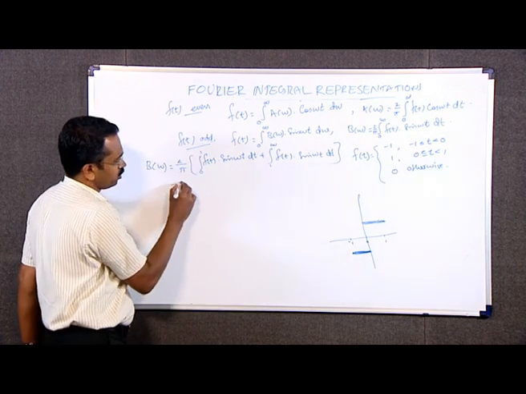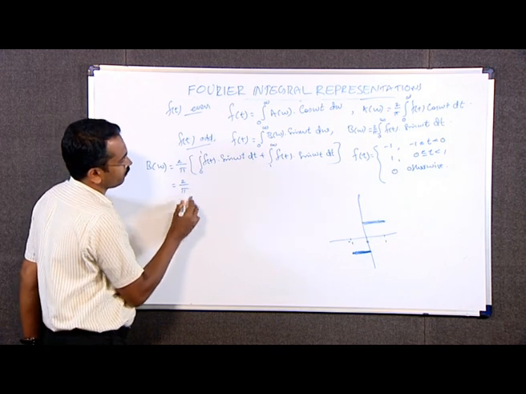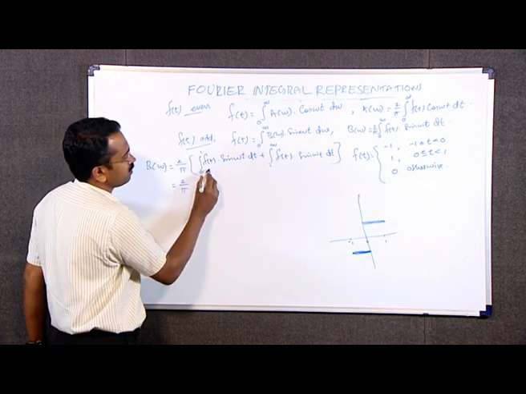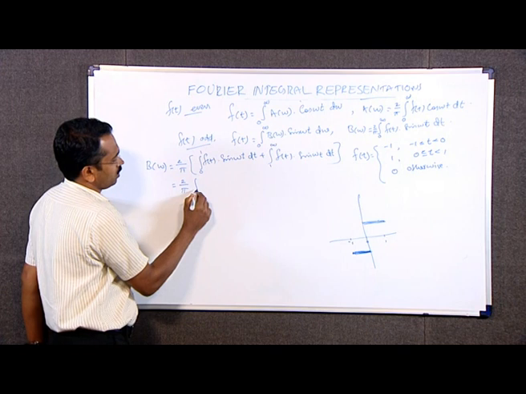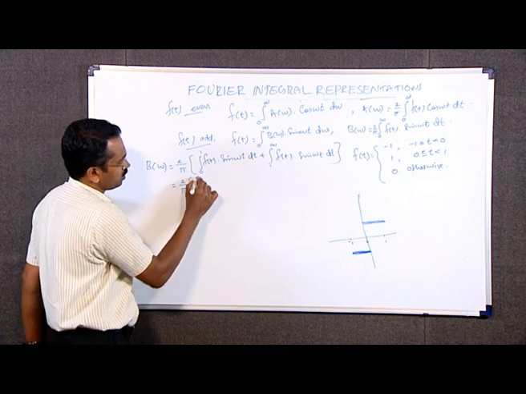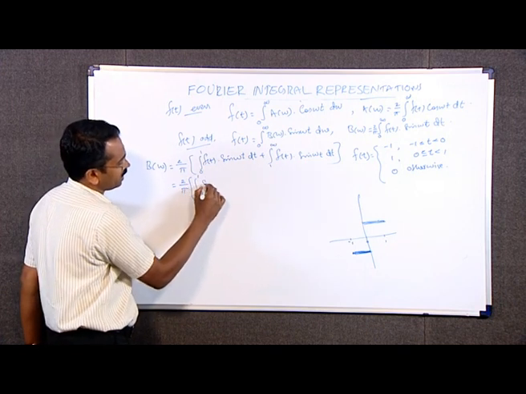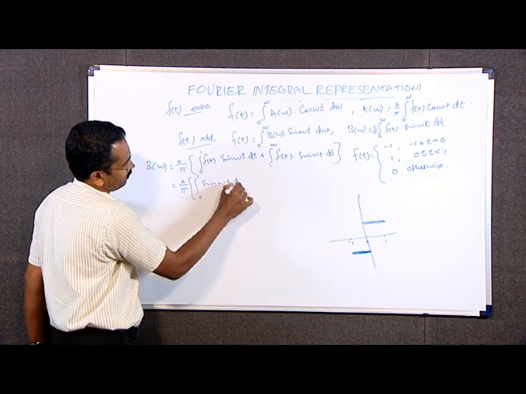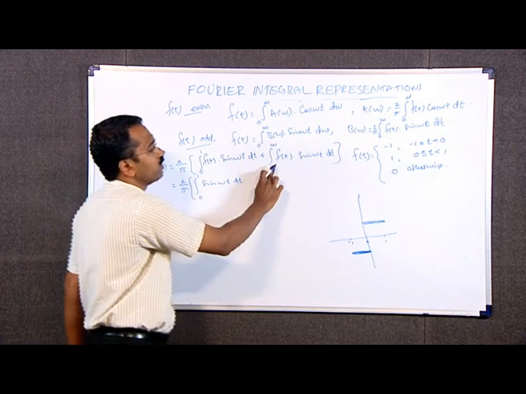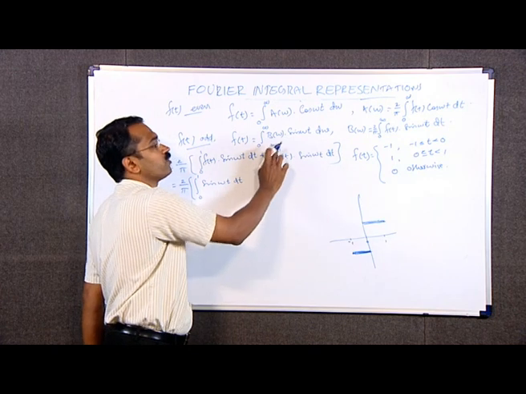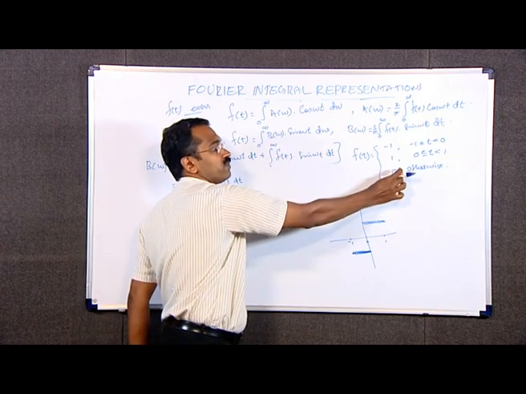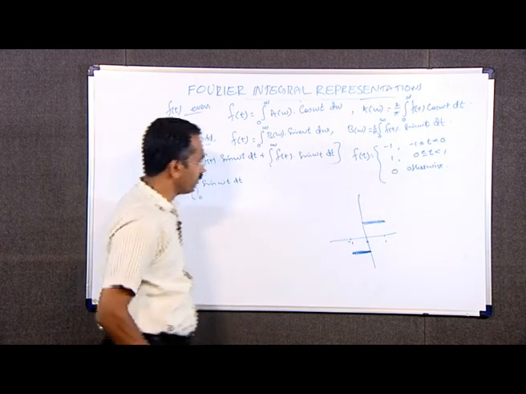That is equal to 2 by pi into, in this case the function is defined as 1, integral from 0 to 1, 1 into sin omega t dt. Here t varies from 1 to infinity, where the function is 0.